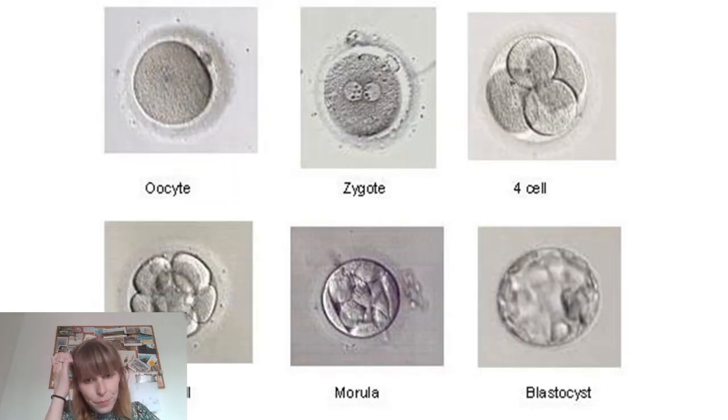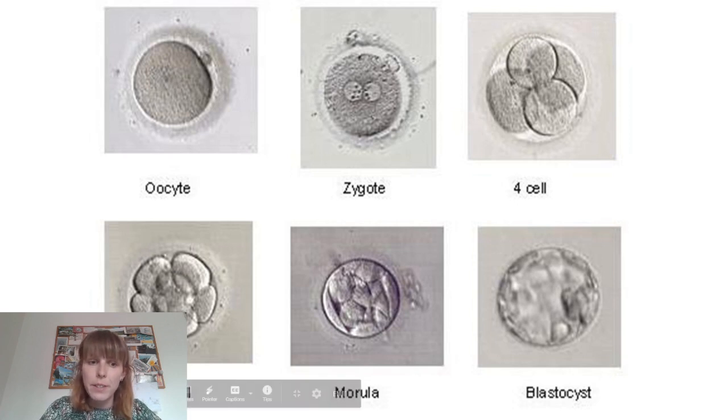So we start with the oocyte, which came from the Graafian follicle by ovulation. Then it becomes the zygote. The zygote is the diploid, fused cell that is made from the oocyte and the sperm. That was the fastest one, best one to get in, and then it starts dividing.